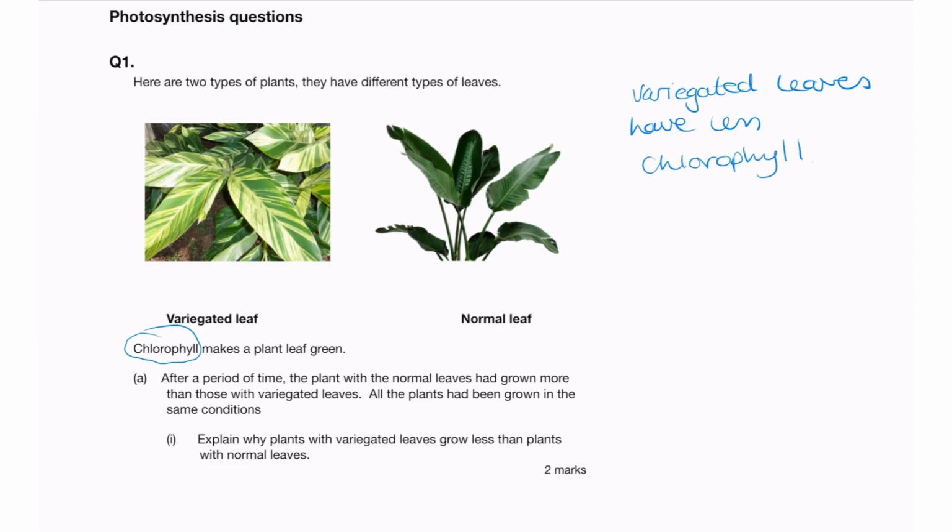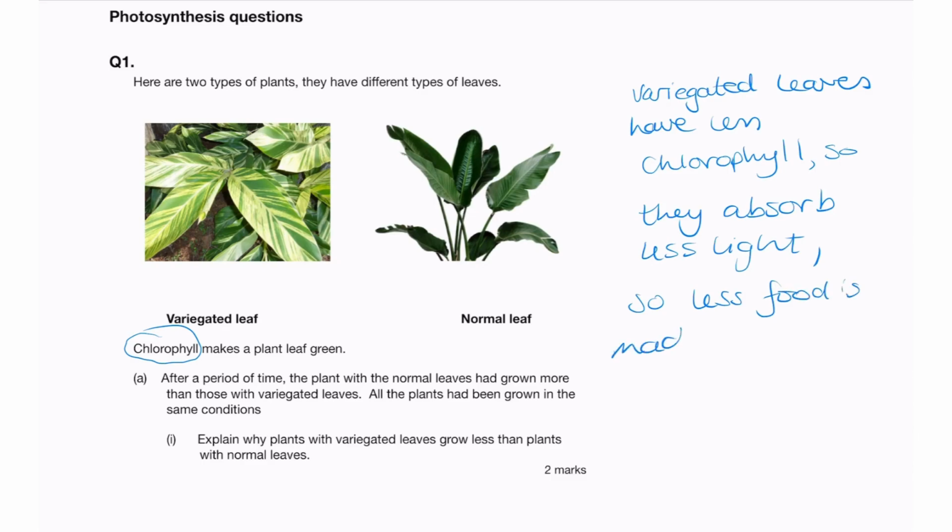Okay, so if they've got less chlorophyll, they absorb less light. So if they absorb less light, so less food is made during photosynthesis.